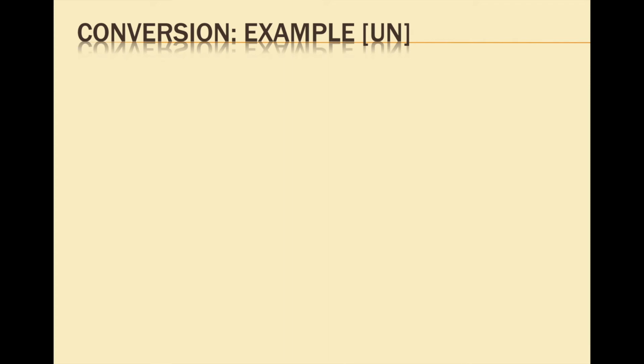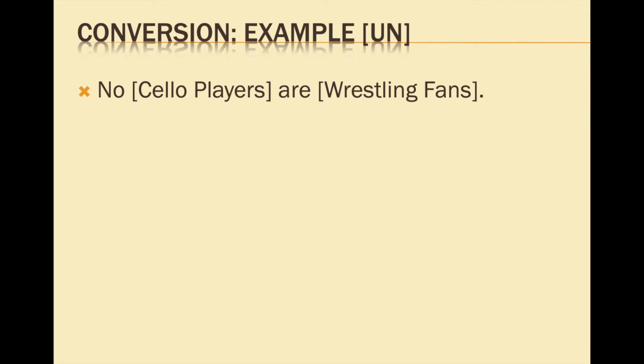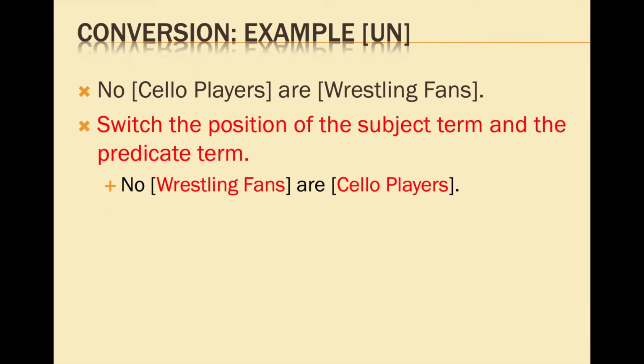So here's an example applied to a universal negative statement. No cello players are wrestling fans. There's our universal negative, the original statement, and then we switch the position of the subject term and the predicate term, and we have: no wrestling fans are cello players.